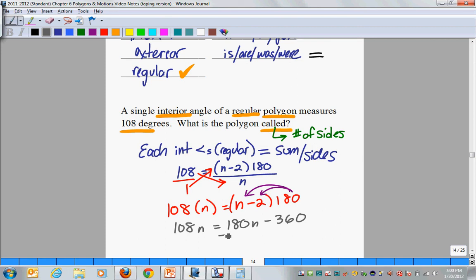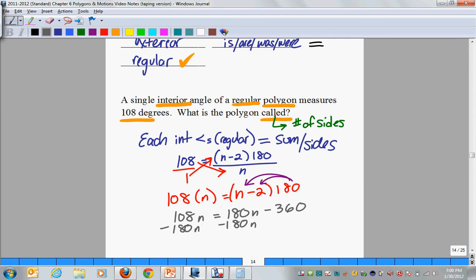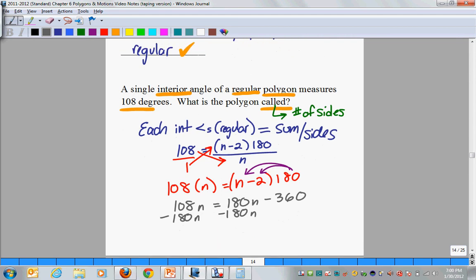I'm going to subtract 180n from both sides, and 108 minus 180 gives negative 72n equals negative 360. The negatives cancel, so I'm just going to erase them.